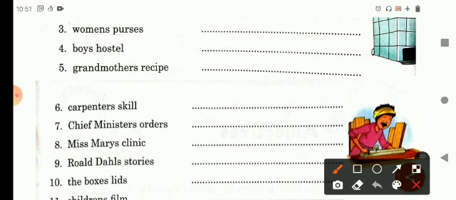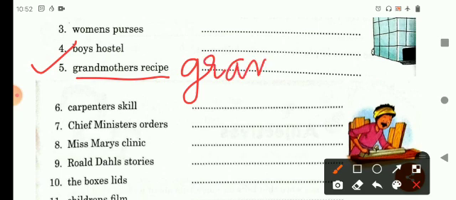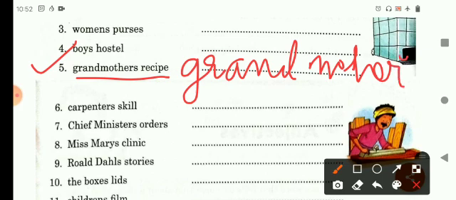Now see children, if the subject is singular, how will you write it? Here in your sentence number 5, grandmother's recipe. Here grandmother is a singular person, so to denote possession you will write grandmother, apostrophe symbol, then add s to it.